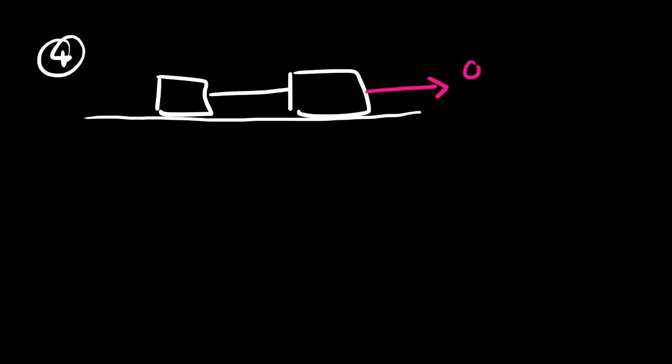Someone is pulling this system in this direction, and the surface is rough. Let's say this is A, this is B. For the free body diagram of A, we are going to have 4 forces acting on the object. For the free body diagram of B, we are going to have 5 forces acting on the object.